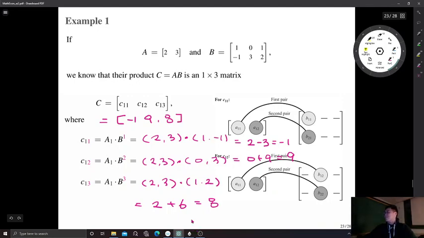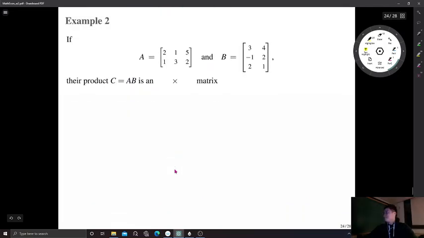All right, that's the way to compute the product of two matrices. Let me do one more example. So here we have matrix A, that is a 2 by 3 matrix, and matrix B, a 3 by 2 matrix. All right. So the number of columns in the first matrix is the same as the number of rows in the second matrix.